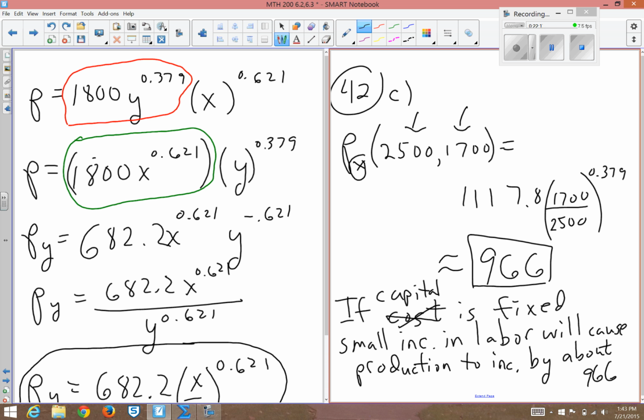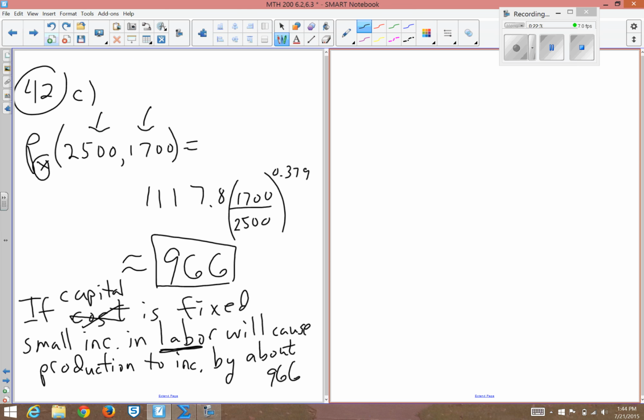Units. That's the meaning of the marginal production with respect to X, X being labor. So we pretended the capital was constant. Still on 42 part C, marginal production with respect to Y when X is 2,500 and Y is 1,700.